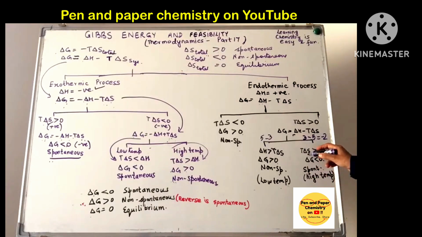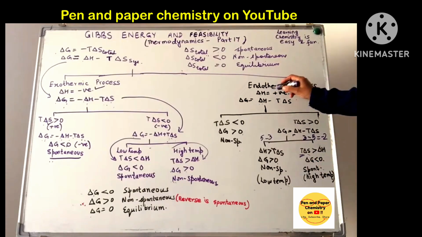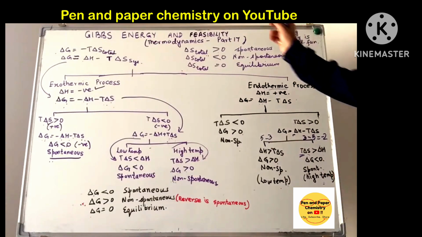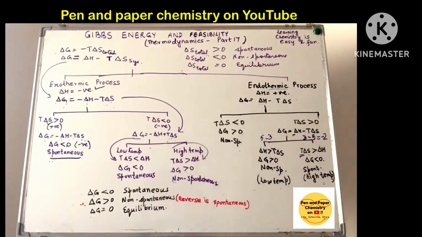And this is possible if either the delta S value is large or the temperature is high. So if you notice over here, even an endothermic process can become spontaneous at high temperature, right? So this overall helps to explain the feasibility of a process.